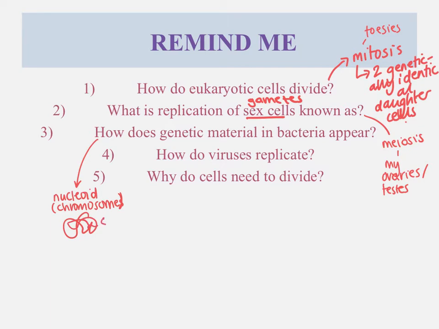So it looks just like a big squiggle. Okay. Alternatively, you can have plasmids. And these are generally numerous. So there could be one or lots of them in the cells. And remember, they are able to replicate independently of the cell itself. Independently.